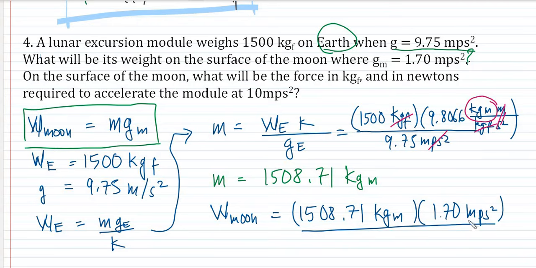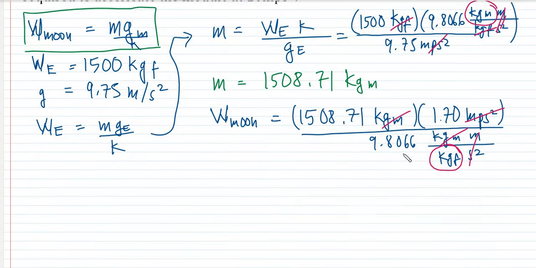Okay, we will divide it by K again, and K is equal to 9.8066 kilogram mass meter over kilogram force second square. So meter per second square cancels out, kilogram mass cancels out, and the final unit is in kilogram force.